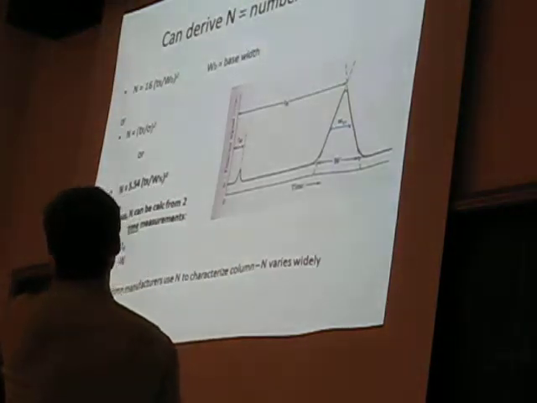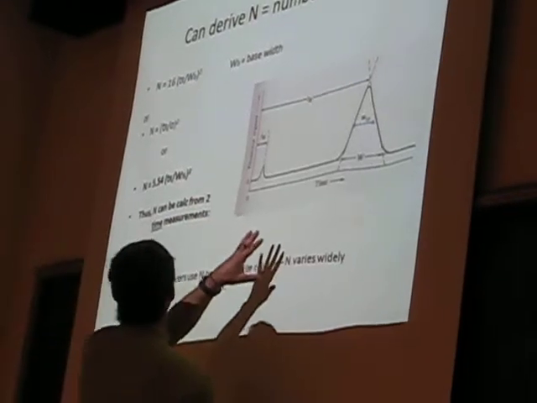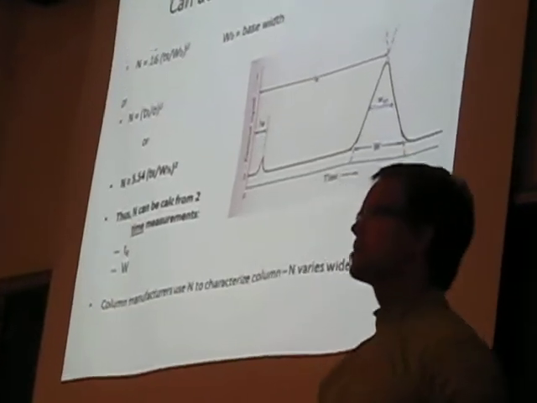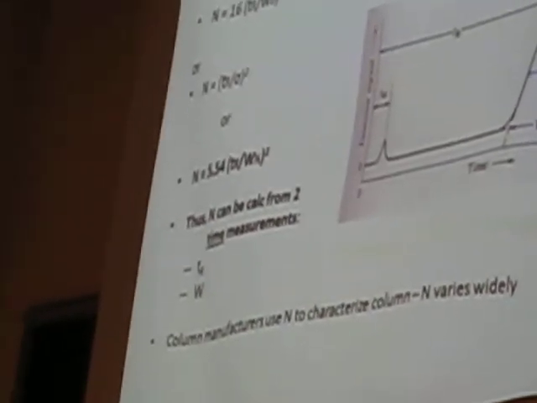So then you can say, well, now I can calculate the number of theoretical plates from my chromatogram. I know the length of my column, and with those two parameters, I can easily calculate the plate height. And you'll notice on the data printout below the chromatogram that it calculates and gives you the plate height. It gives you h, right?